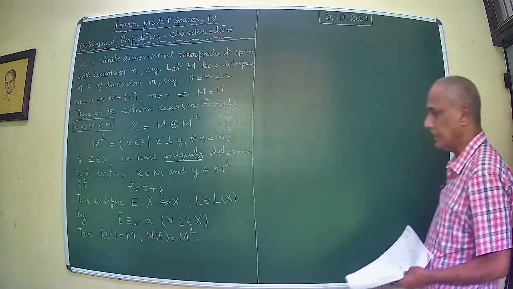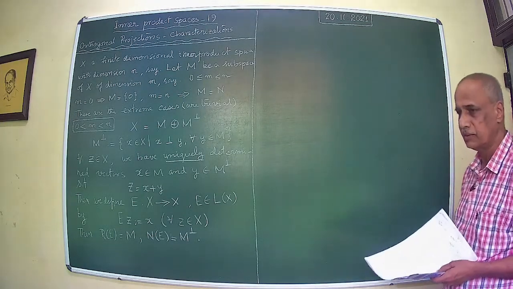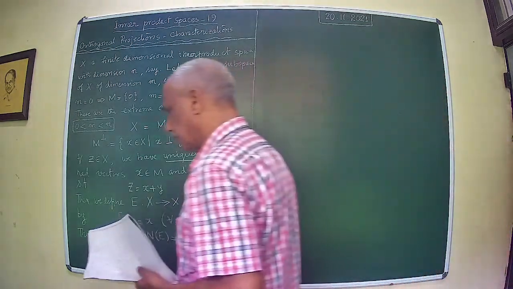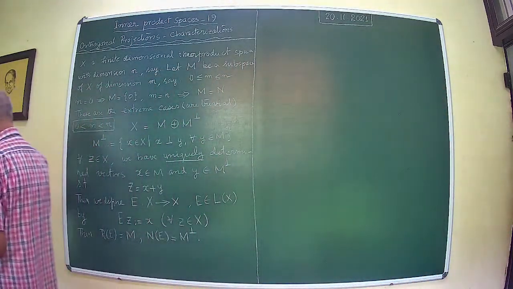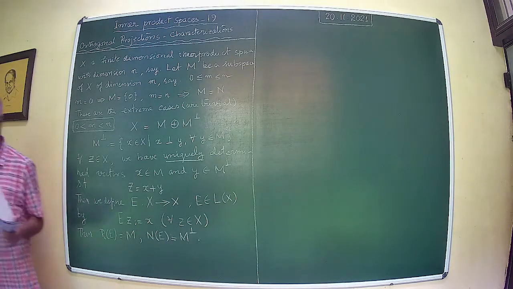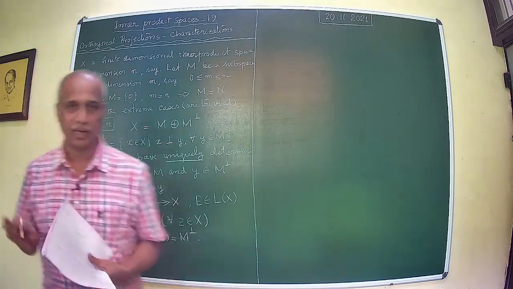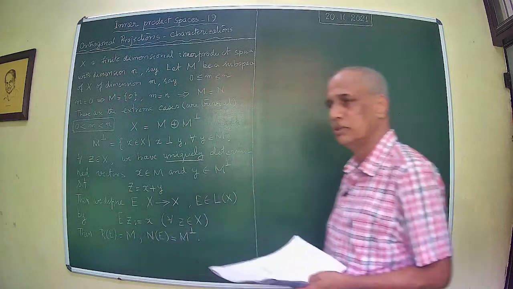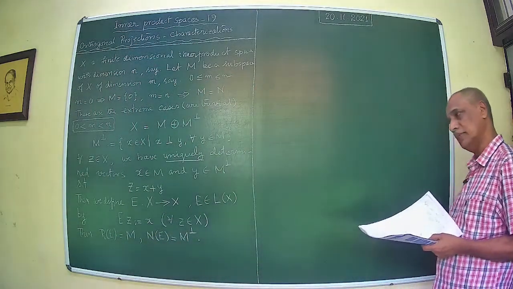Then we say that E is an orthogonal projection. That means E is a projection on M along the space M perp, which is orthogonal to M. That's the meaning.